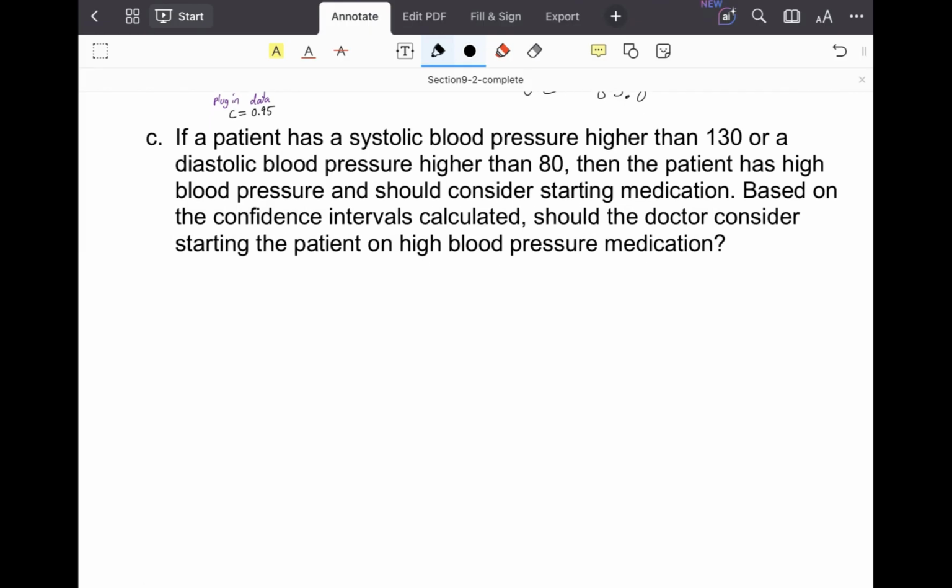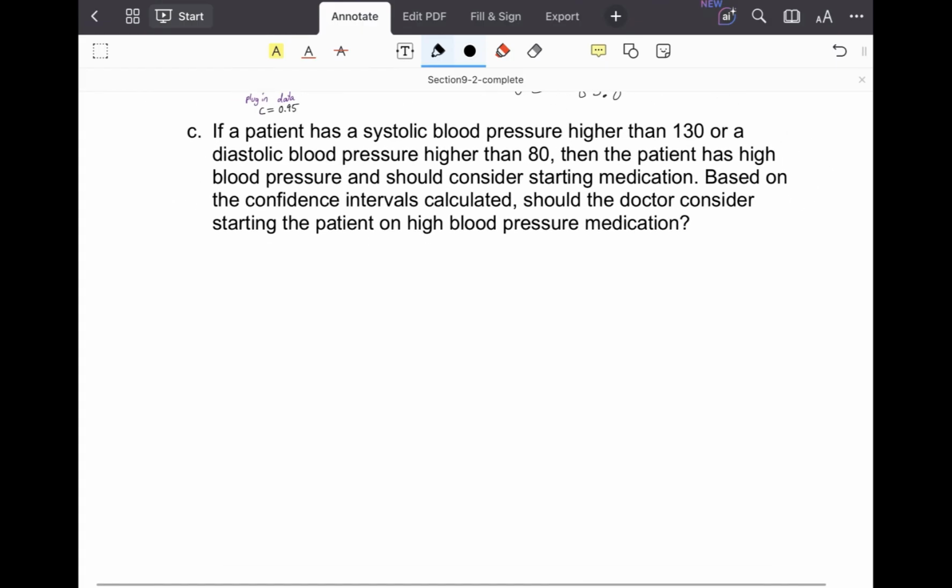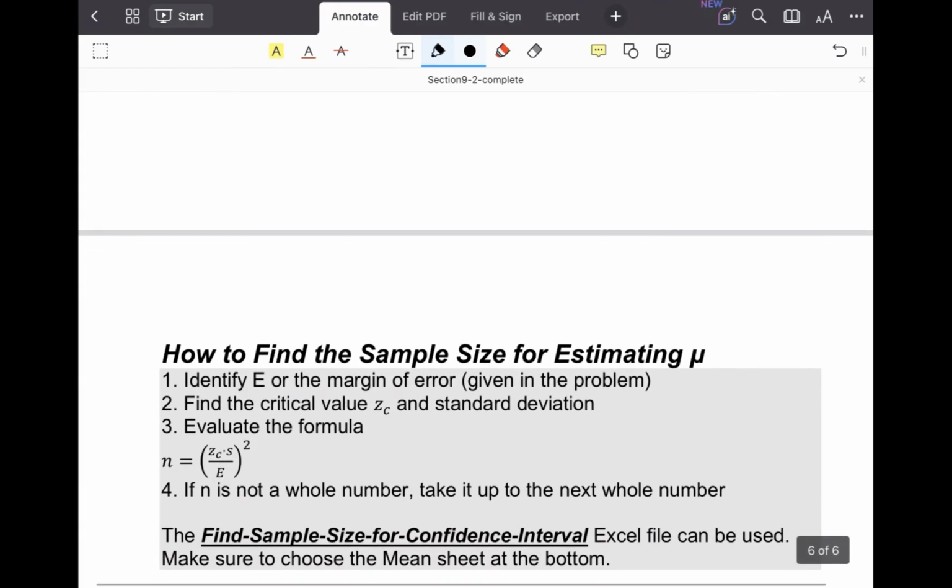Maybe try to solve the problem without starting medication. At least that's what I would think. And I guess, yeah, maybe collect more data is a good answer to that question. I'll write a solution in there.